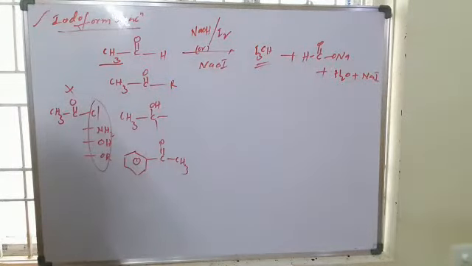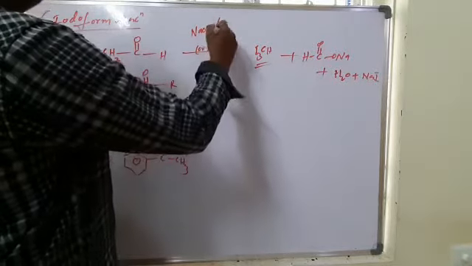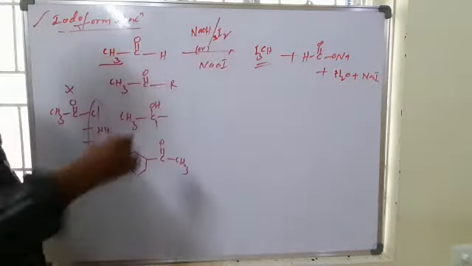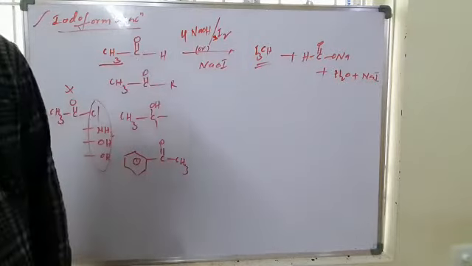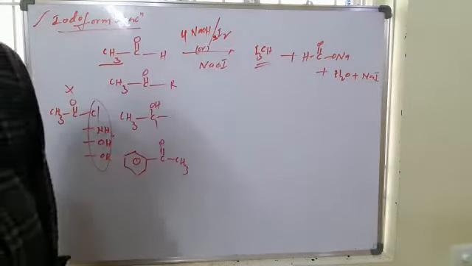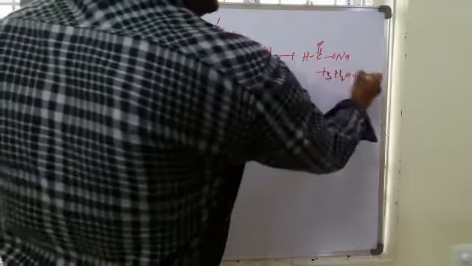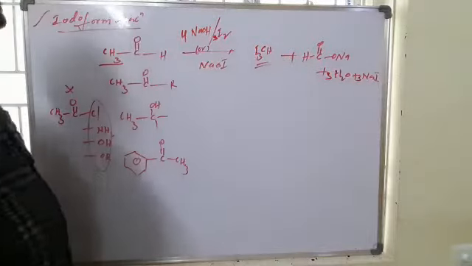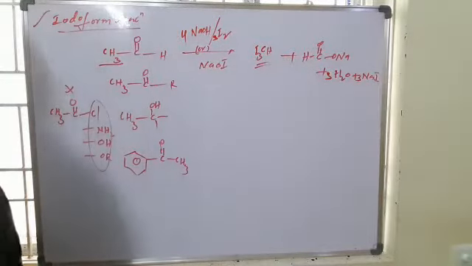So in this reaction 3 moles of iodine are required, and also 4 moles of sodium hydroxide, and 3 moles of water and 3 moles of sodium iodide are formed. So this is the reaction.